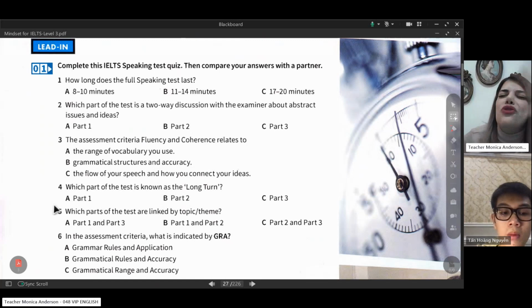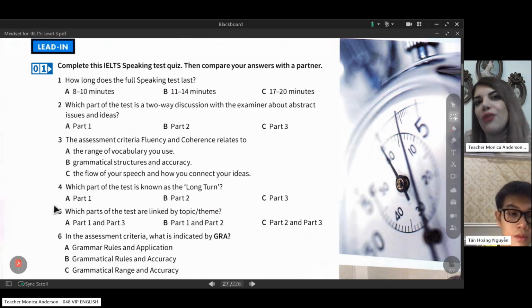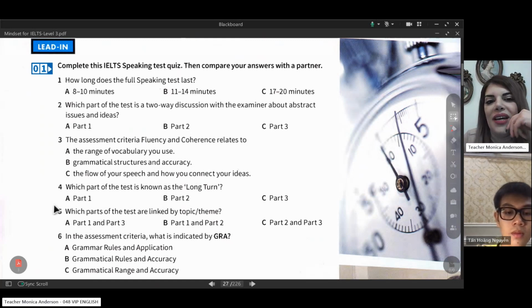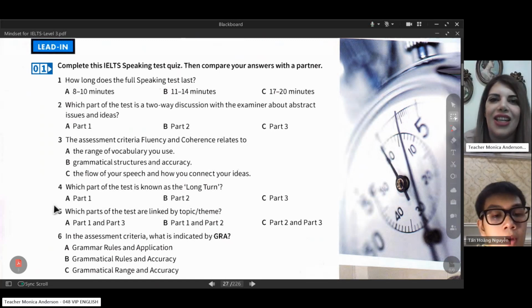Part 1 is too general. So parts 2 and 3 are actually linked, as you know, normally the questions on part 3 are related to part 2. So 2 and 3 are linked, not 1 and 2. Part 1 is general, some personal questions. So 2 and 3.